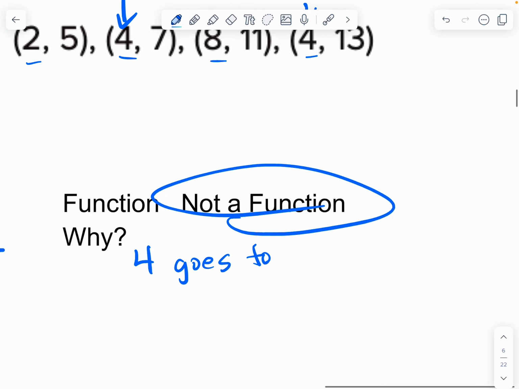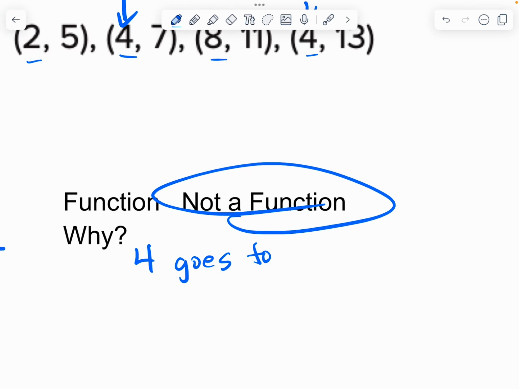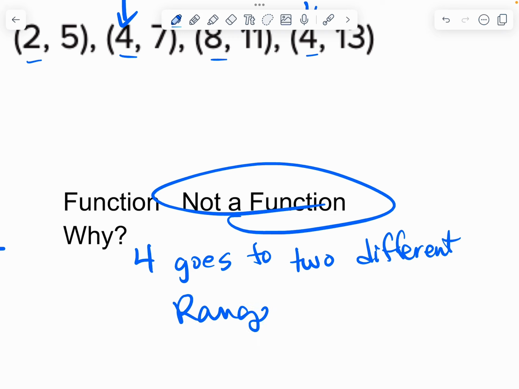Sorry. 4 goes to two different range values. And if you want to put output values, that's okay too. If you want to put Y values, that's fine also.